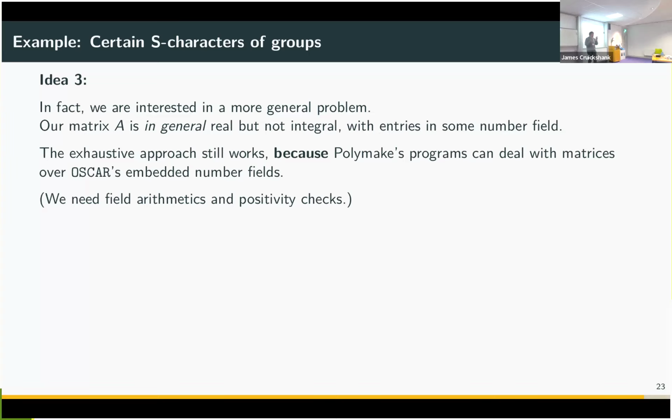Why? Because a matrix over number fields is compatible with the programs of Polymake. So computing the lattice points and computing whether some real numbers are positive or not, these programs can deal with that. They handle these values. Therefore, it simply works.